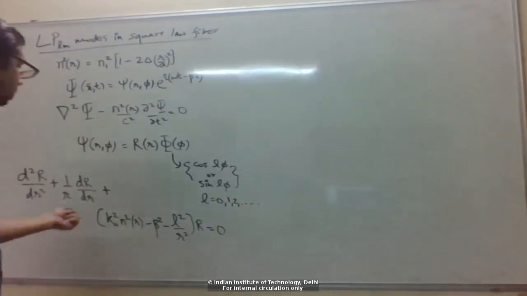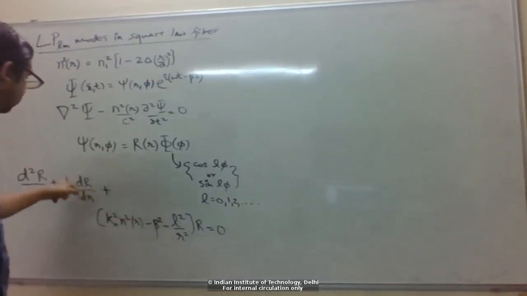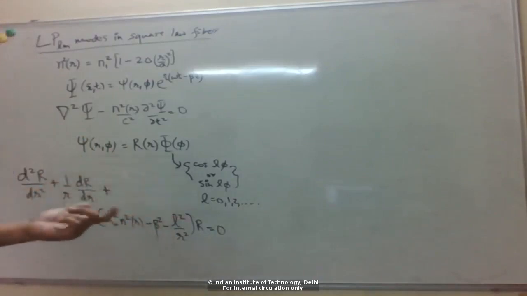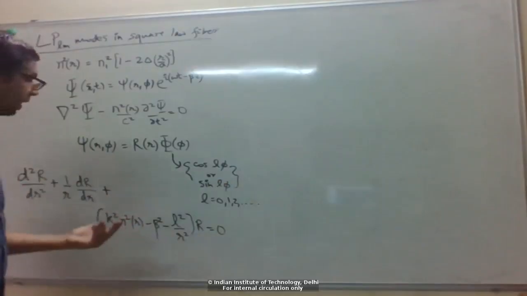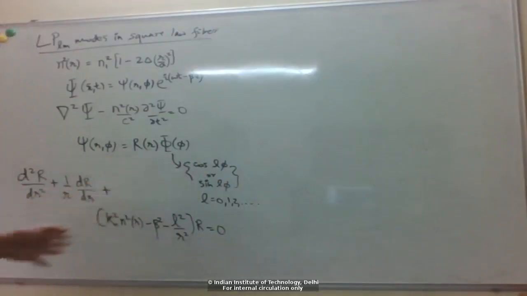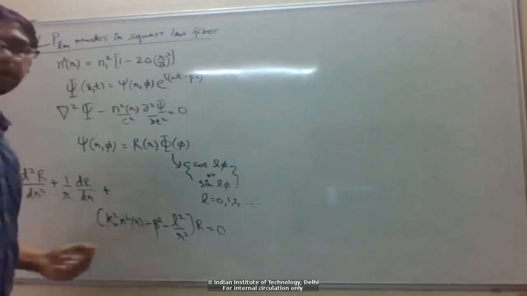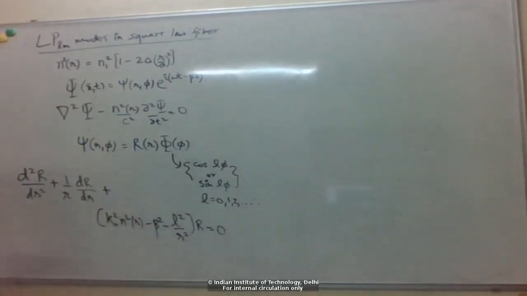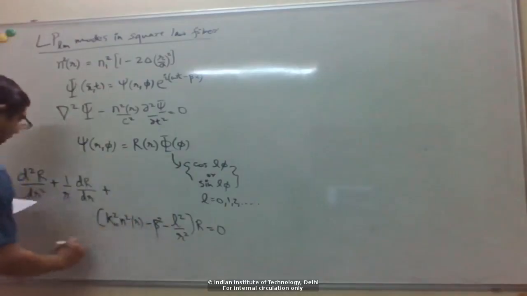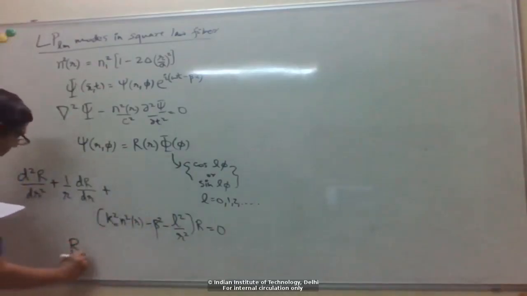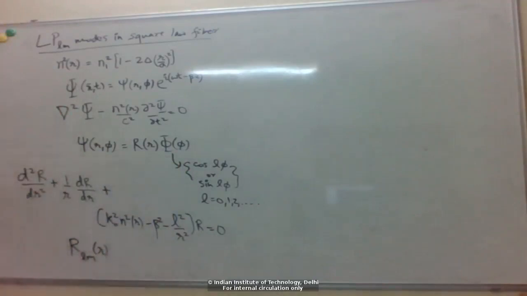What you can do is replace R as some polynomial times some kind of Gaussian function, and then plug it in and try to find relations between the coefficients of the polynomial. Like how we derived the Hermite polynomial solutions, you can do it in a similar way. And what you end up with are what are known as Laguerre polynomials. So it's the same thing, just the relation between the coefficients of the polynomials are slightly different.